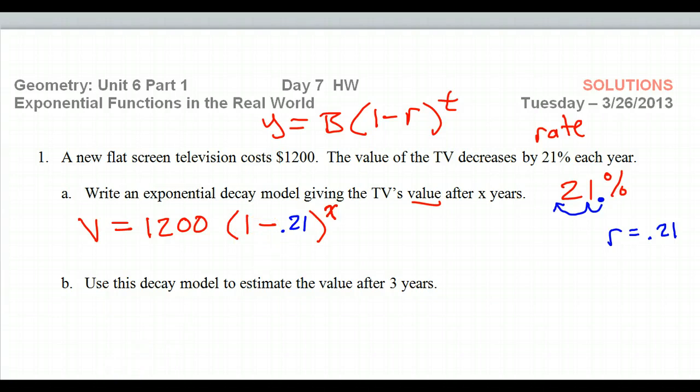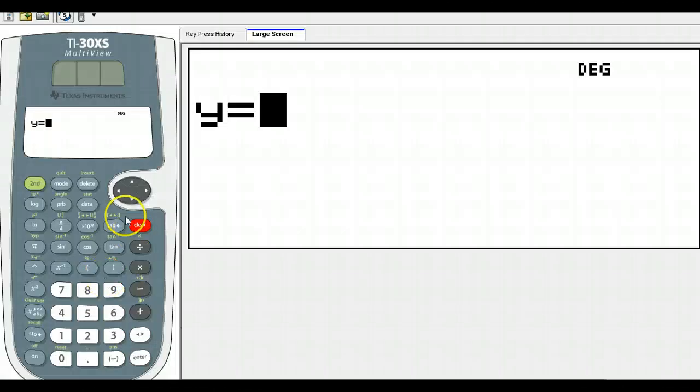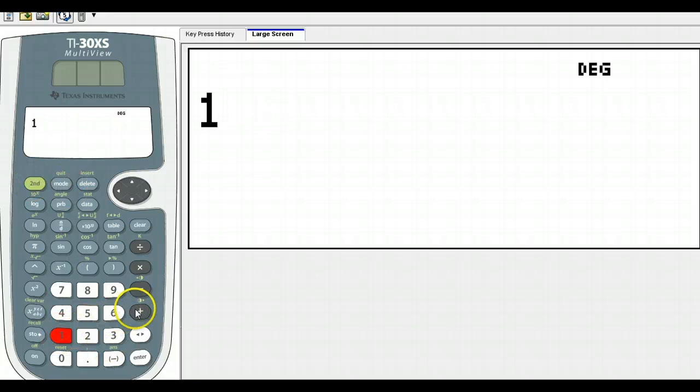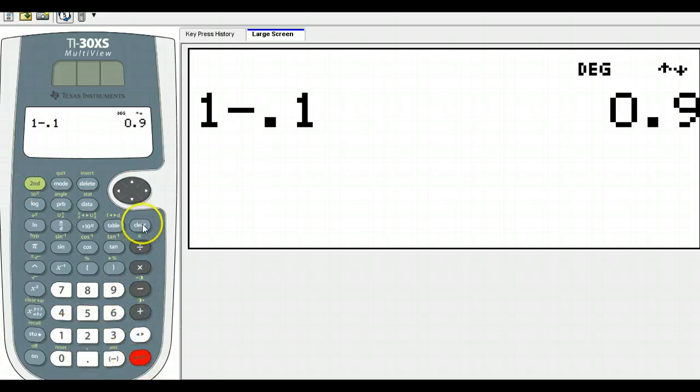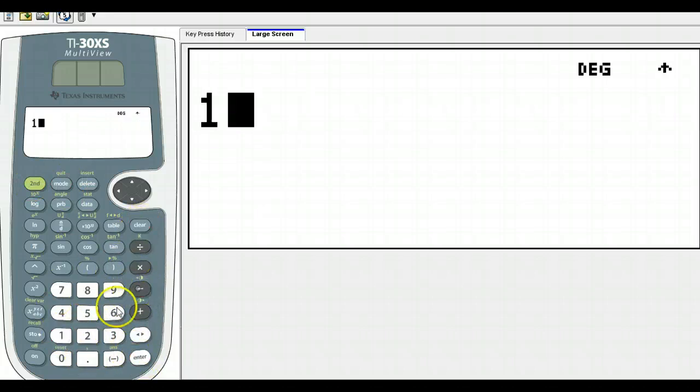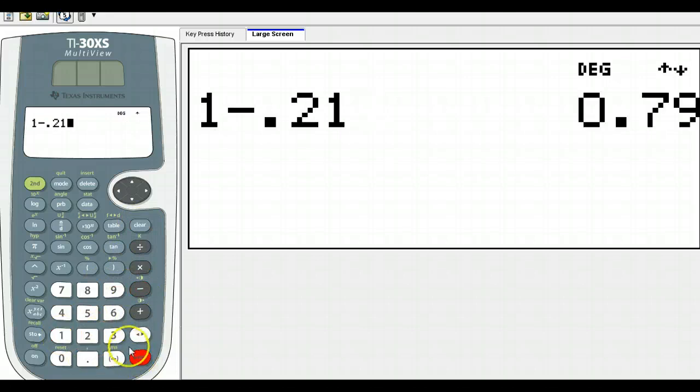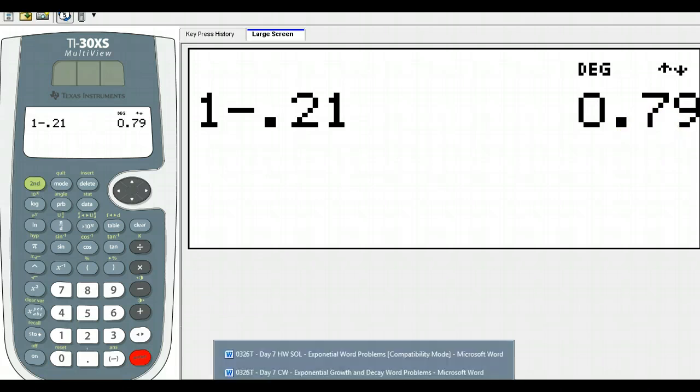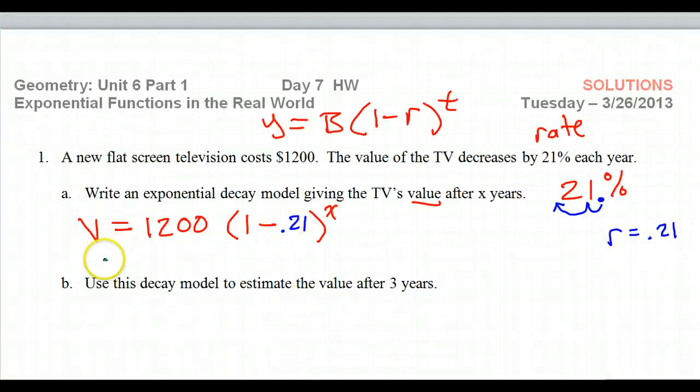So if you do 1 minus 0.21, and you should be able to do this in your head. 1 minus 0.21. Okay, that is 0.79. You know, think 79%. But 0.79 is going to be your decay factor.